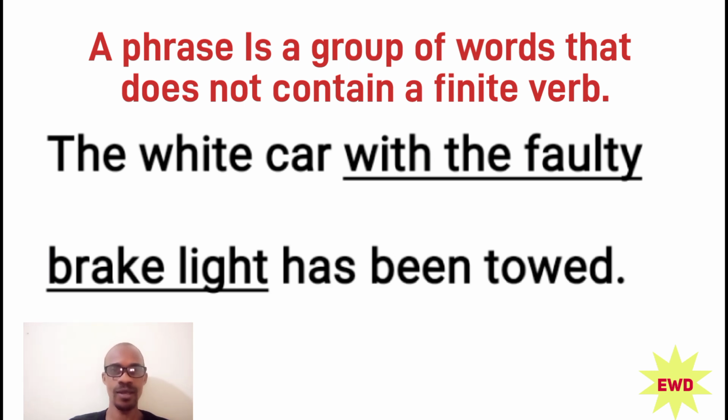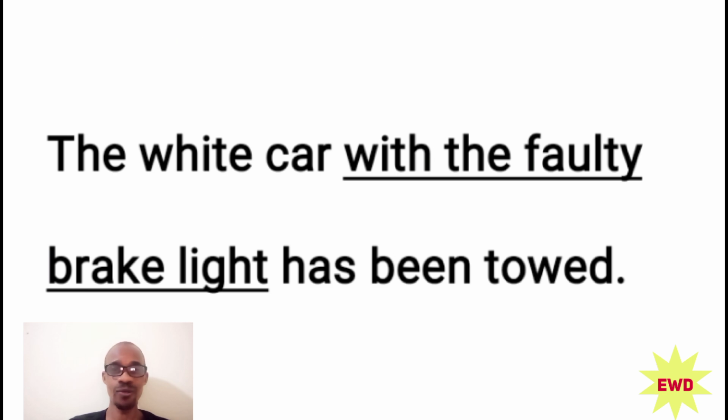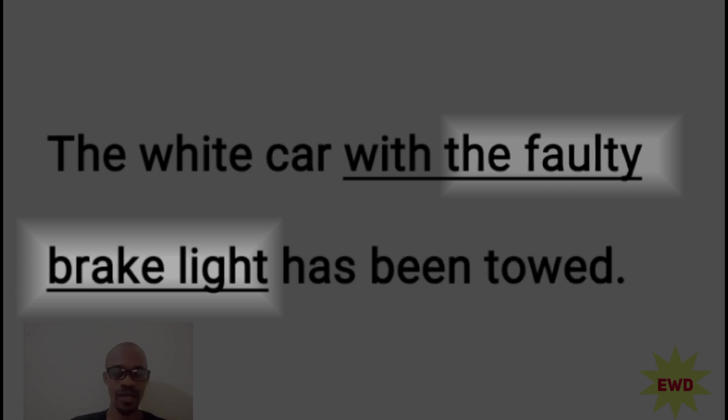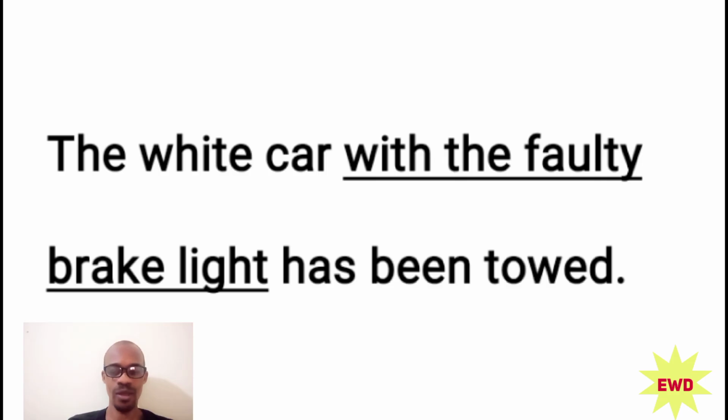In this expression, you'll discover that there is no verb at all, because in the underlined part, the first word is "with," which is a preposition. And then "the faulty brake lights" is a noun phrase. So there is no verb there at all. So automatically you know that the underlined expression is a phrase.